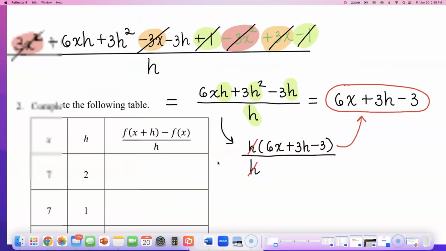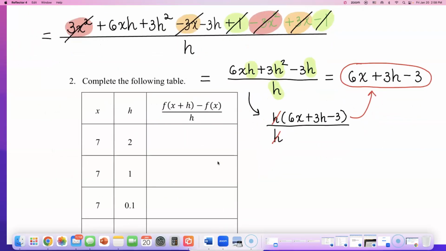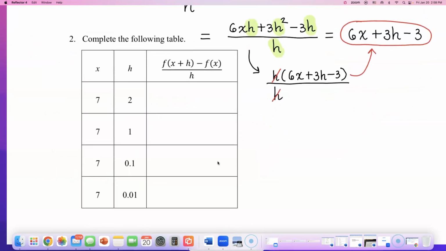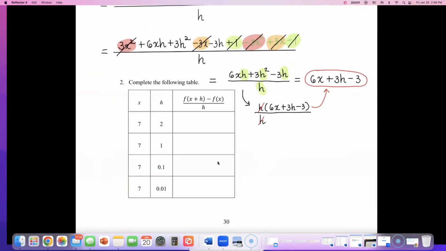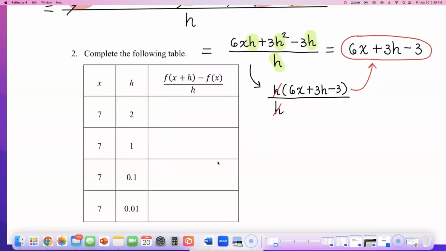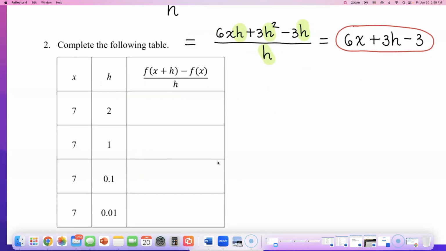So we're going to use that to complete this table here. I'll erase this so that I can do some work. When x is 7 and h is 2, we know the simplified difference quotient is 6x plus 3h minus 3.